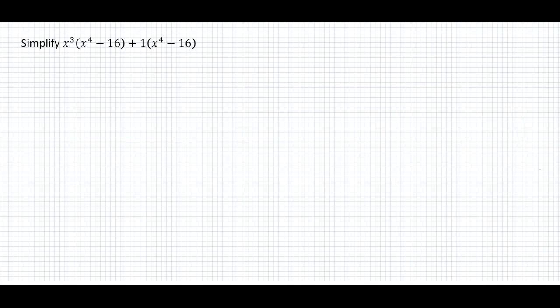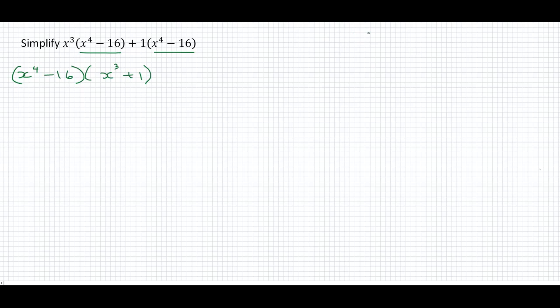Now the final example that we're going to walk through, we have a greatest common factor of x to the power of 4 minus 16. So let's take note of that, x to the power of 4 minus 16. And then the other factor is x to the power of 3 plus 1.